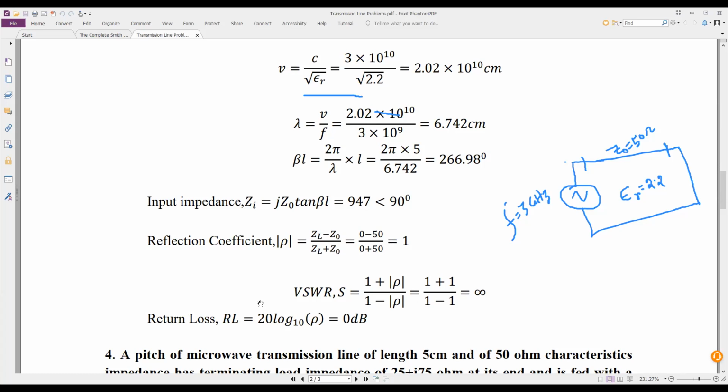So VSWR is equal to (1 plus magnitude of rho) divided by (1 minus magnitude of rho). So it is infinity. Remember one thing, the range of the VSWR is 1 to infinity. So the return loss value is 20 log 10 of the magnitude of rho, which is 0 dB.